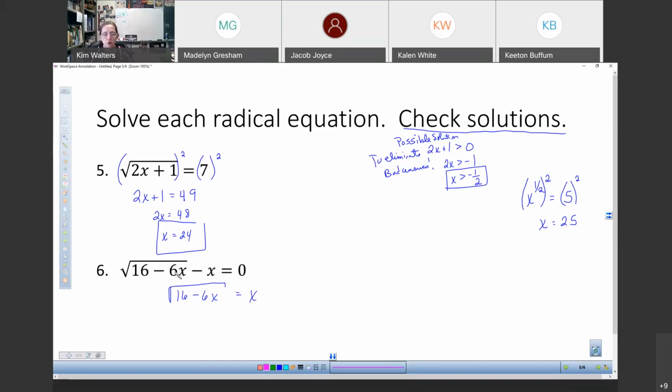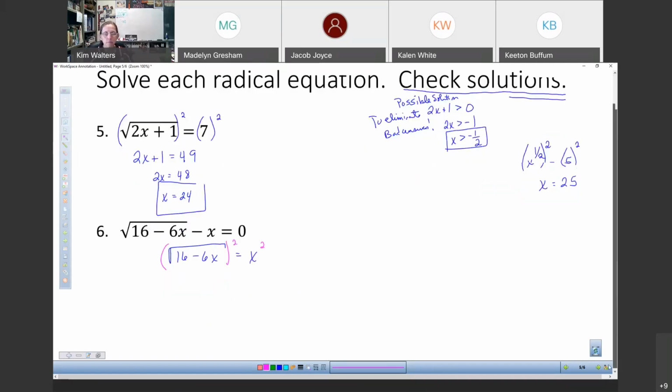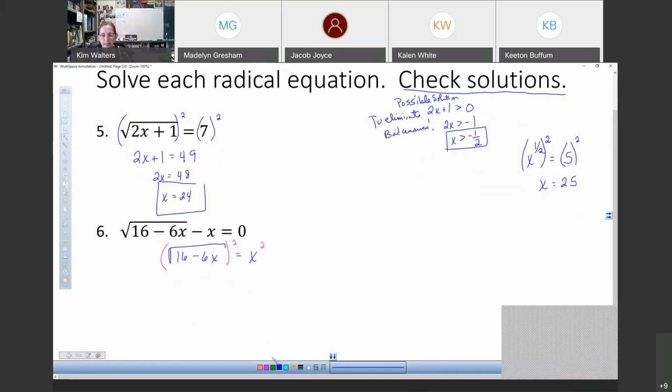And so to solve this, I'm going to square both sides. When I do that, on the left-hand side I'm going to get 16 minus 6x, and on the right-hand side, I'm going to get x squared.